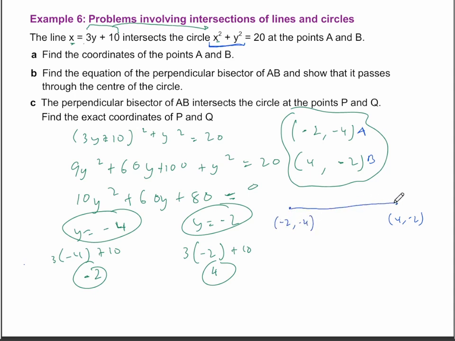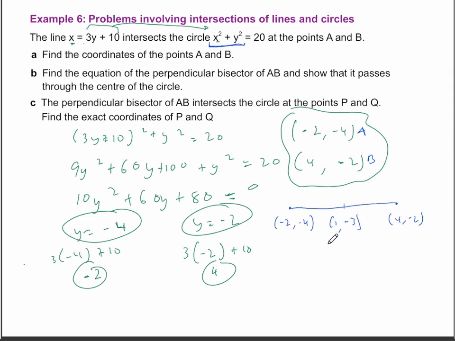We need to find the perpendicular bisector. That means find the midpoint first. The midpoint between this and this is just going to be 1. So the average of the x, negative 2 plus 4 is positive 2, divided by 2 is 1. And negative 4 plus negative 2 is negative 6, divided by 2 is negative 3. And this is the midpoint.